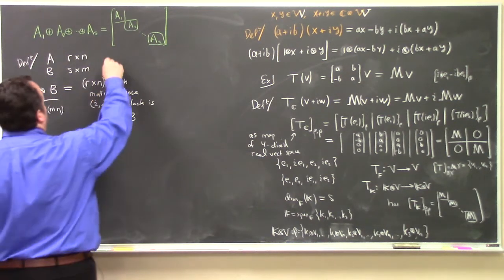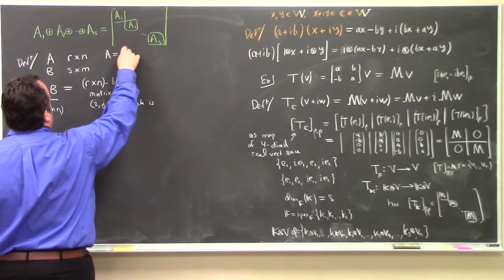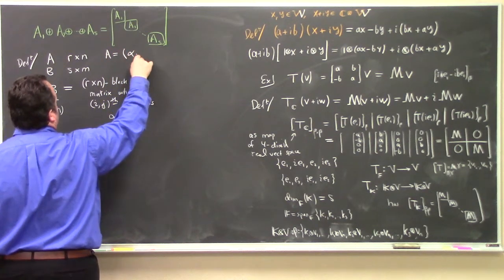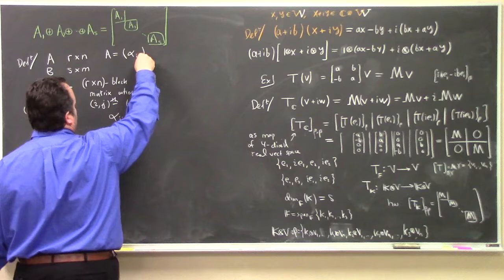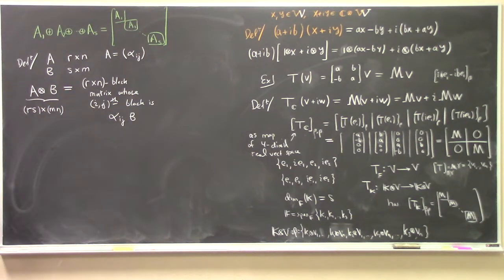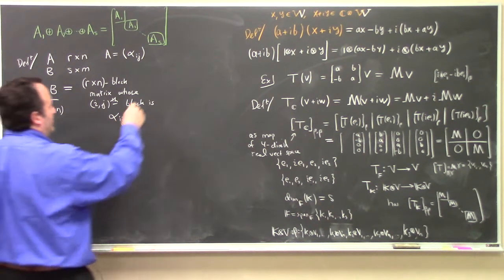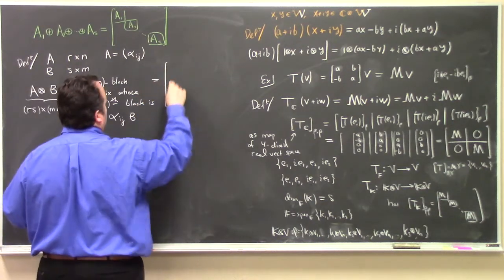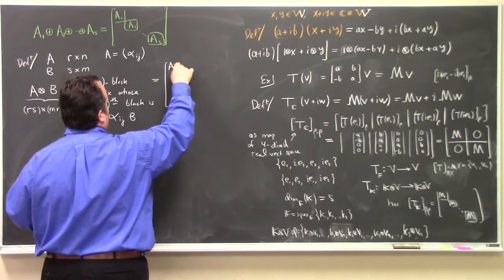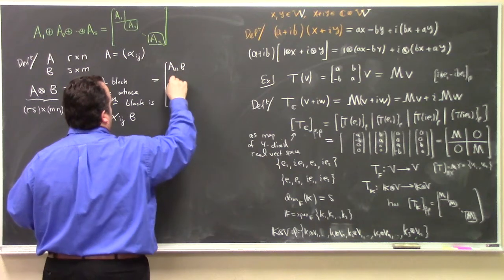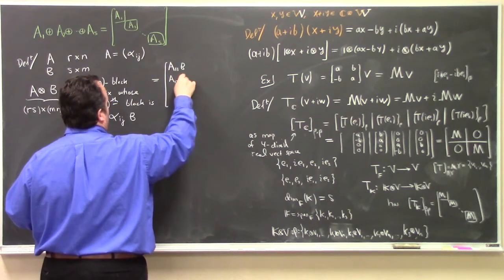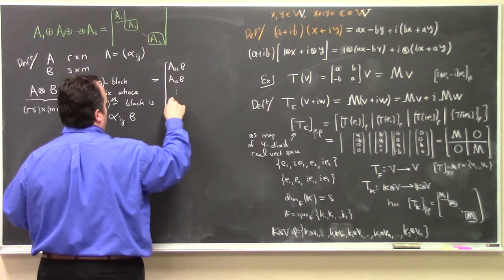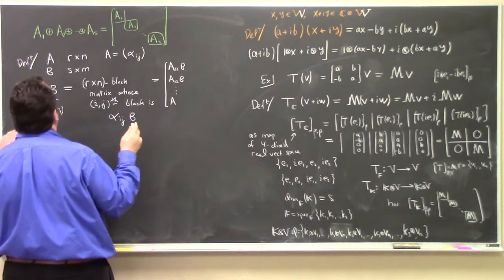Now here, he's using alpha ij for the components of A. So my typical notation would be to use aij for that. Specifically, this is looking like A1,1B, A1,2B. How big is A?